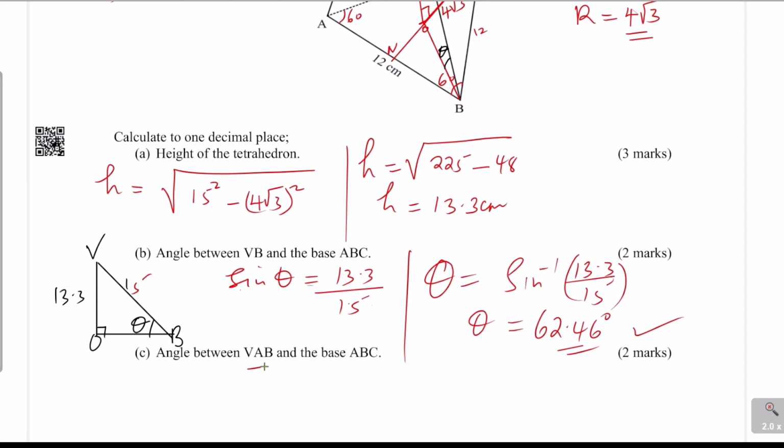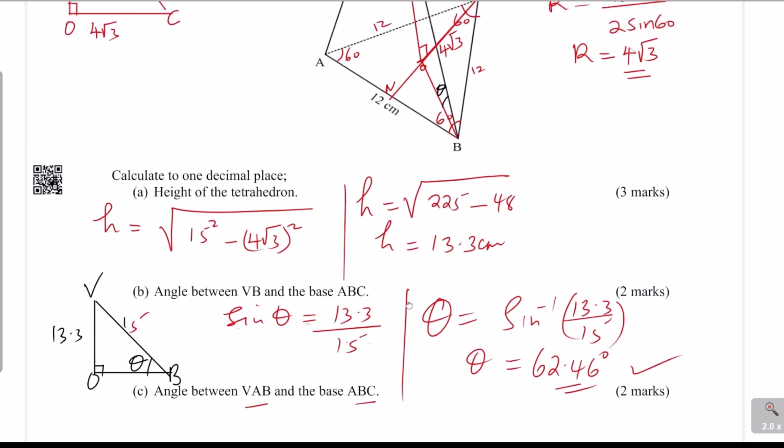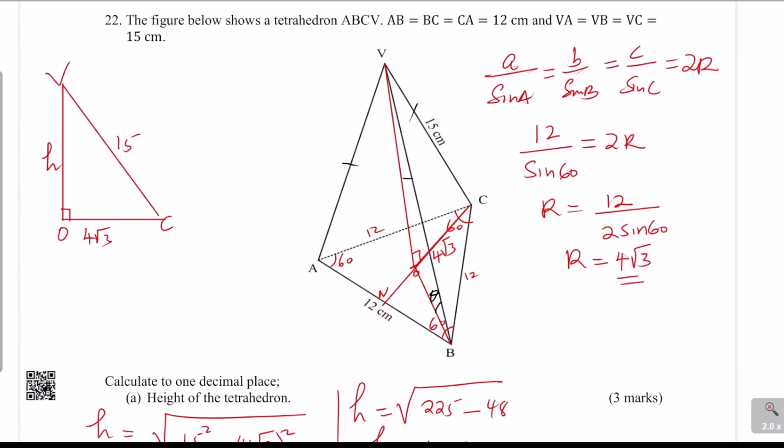That is the angle between two planes, VAB and ABC. So we have VAB and the base, that is ABC.